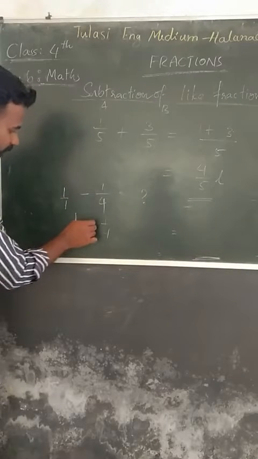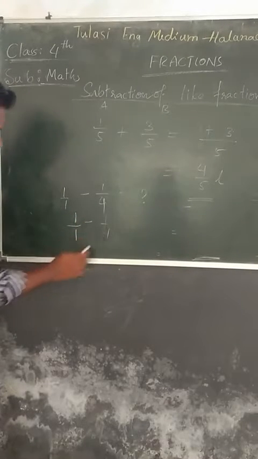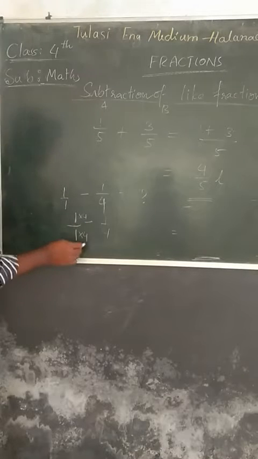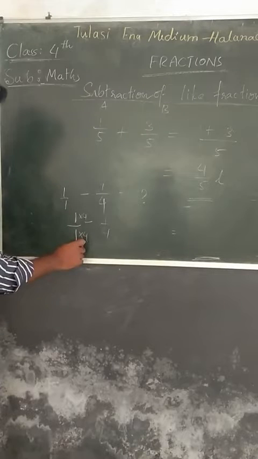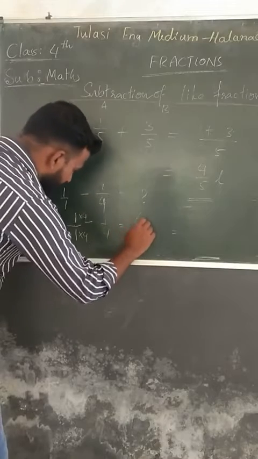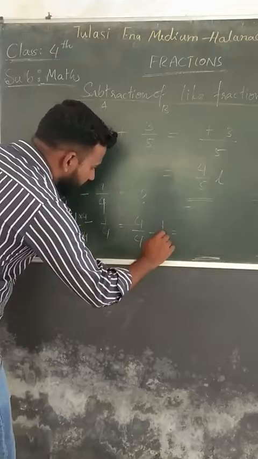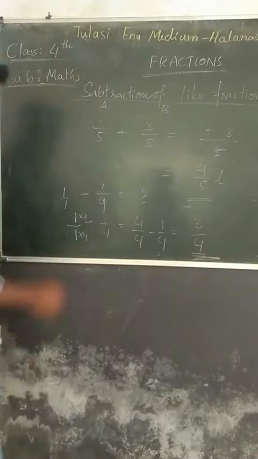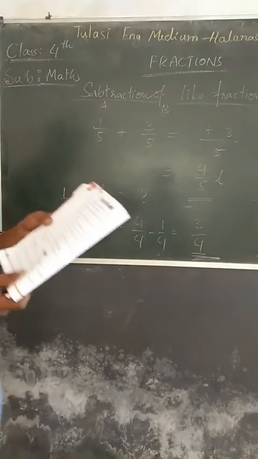1 by 1 minus 1 by 4. If the denominators are different, we have to make them equal.